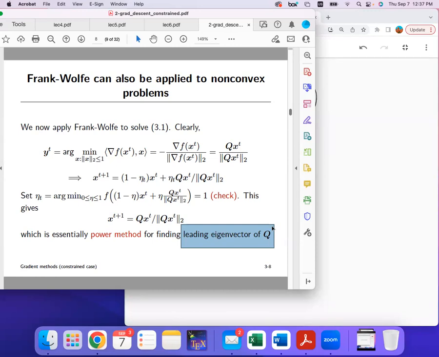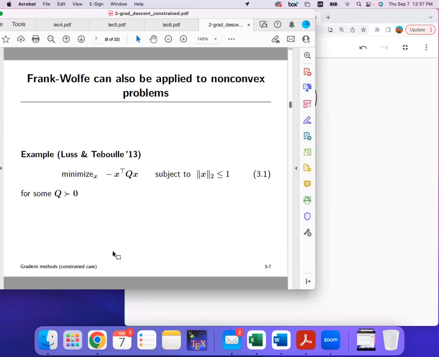Eventually, x_t will converge to the leading eigenvector of Q. So this classic power method can be viewed as the Frank-Wolfe algorithm applied to solve such a constrained quadratic optimization problem. Okay, this is a very nice connection between the power method and the Frank-Wolfe algorithm.